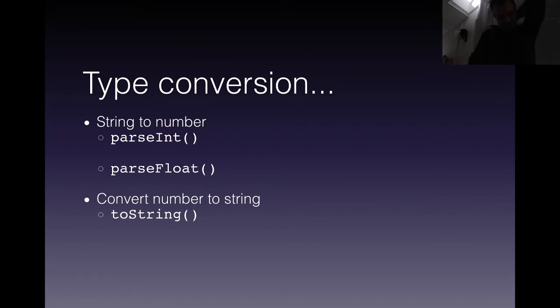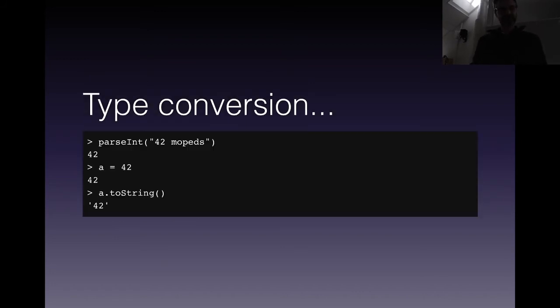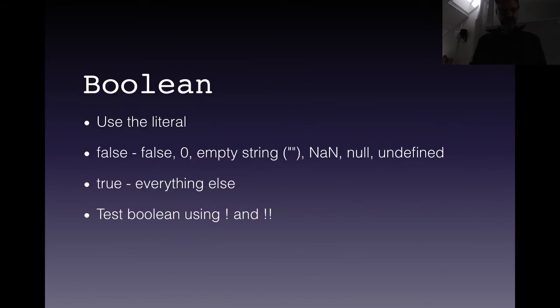This is just how it works. If we want to be certain, we can ourselves parse from number to string, string to number, which is not uncommon to do. We can just leave that.